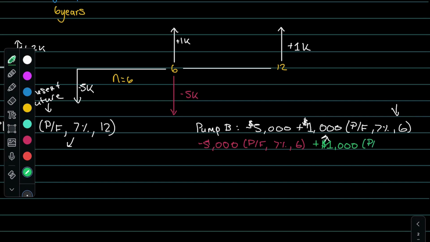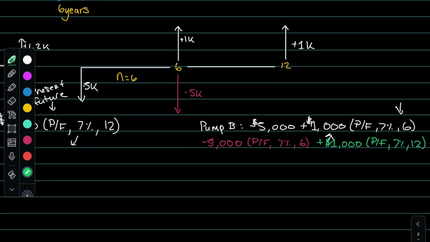But then we're going to look at the present future of this one as 7%. But instead of 6, it's going to be 12 years because where's this $1,000 sitting? 12 years from the present future. So it's a ratio with the interest rate, right, at the amount of years it's sitting at.